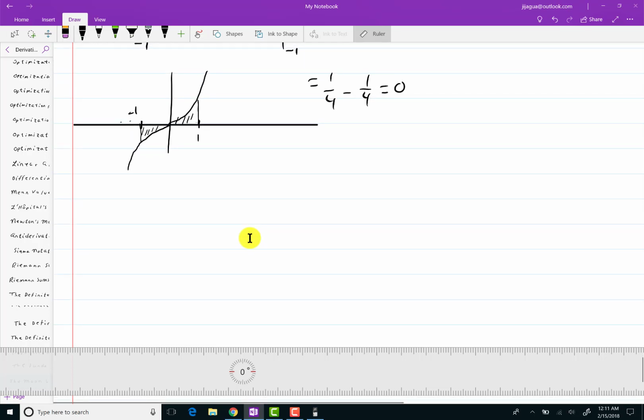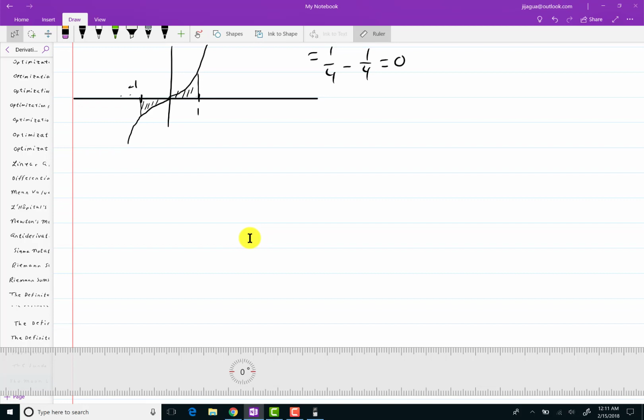Anything that I do like that, let's look at another one. The integral from -pi over 2 to pi over 2 of sine of x dx equals the antiderivative of sine of x, which is negative cosine of x.